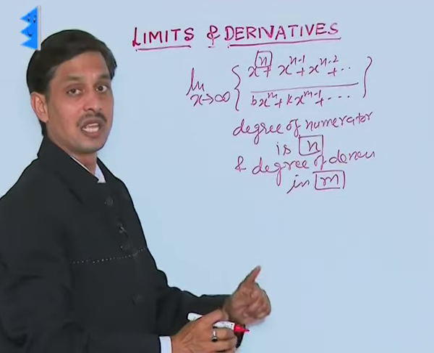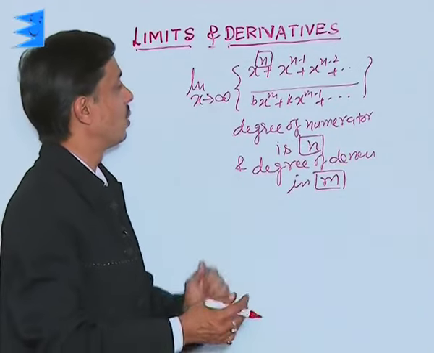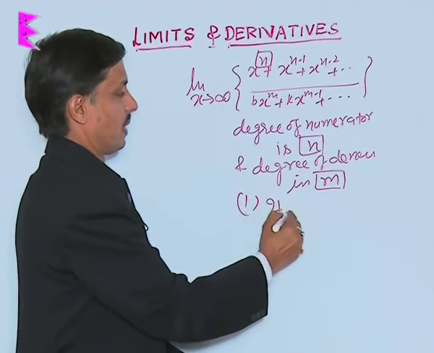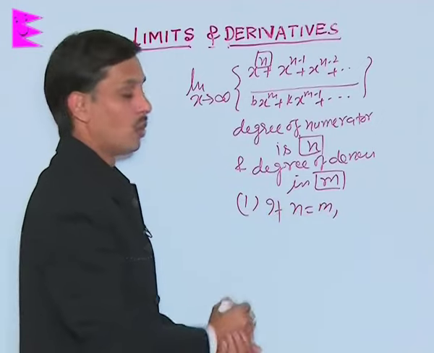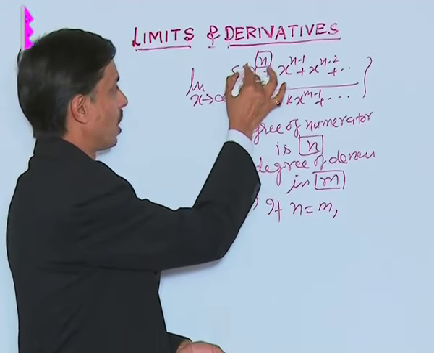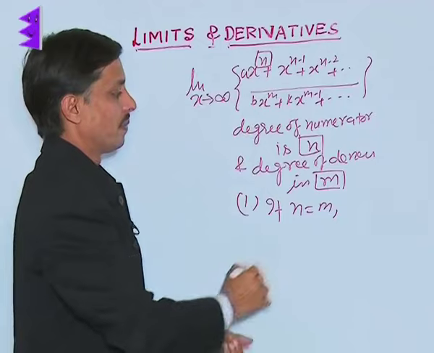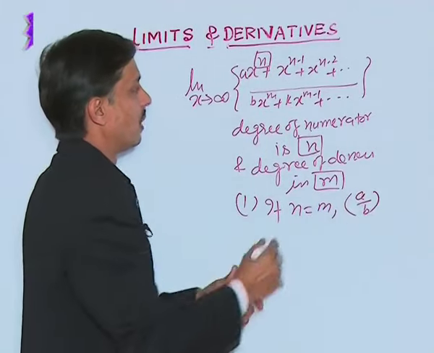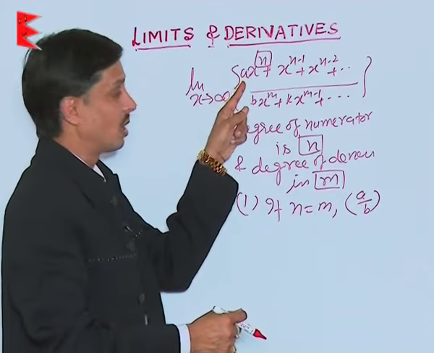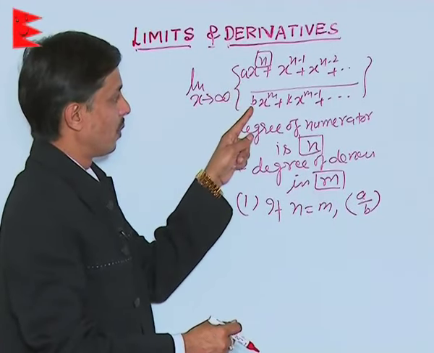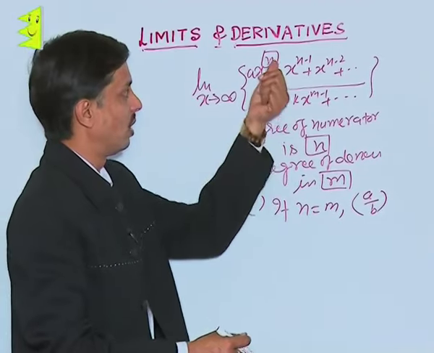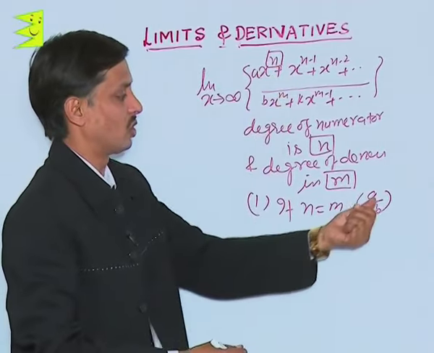Especially if the limit x tends to infinity, there are three cases. If n and m are equal, and suppose the coefficient of this is a, then the answer of the problem will be a upon b, that is, the coefficient of the highest power term of the numerator upon the coefficient of the highest power term of the denominator, when there is equal power in numerator and denominator.